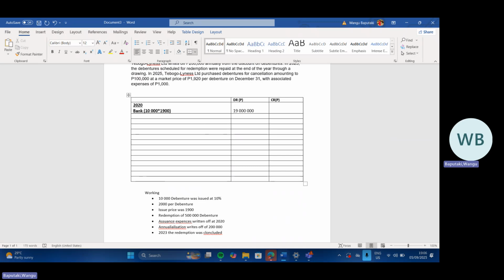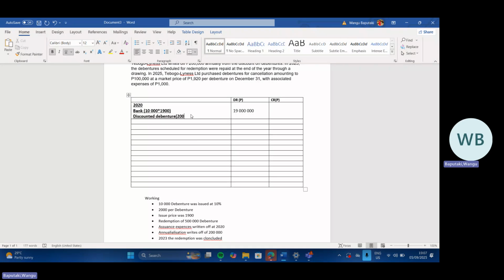So 2,000 minus 1.9, then I multiply with our debentures 10,000.